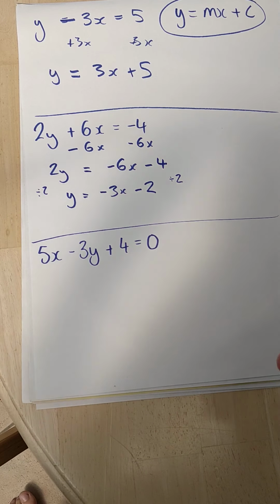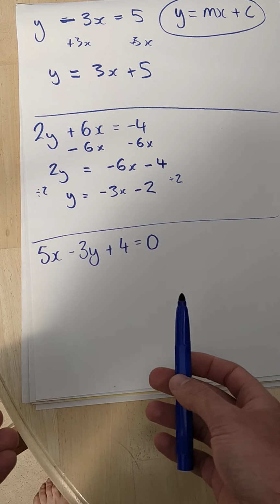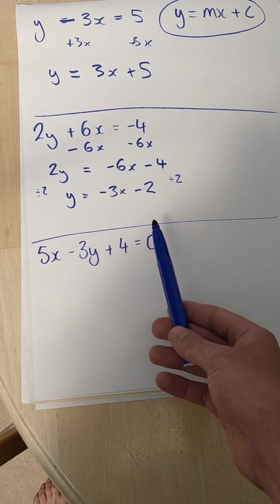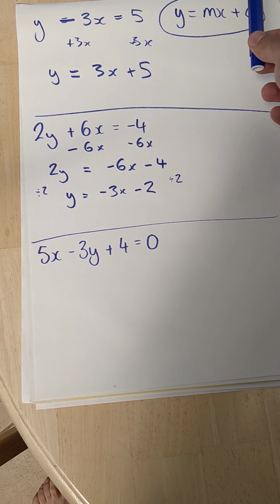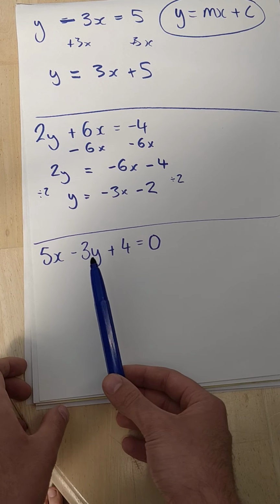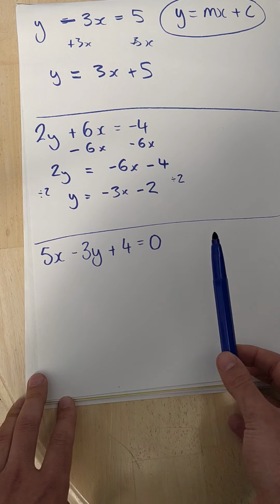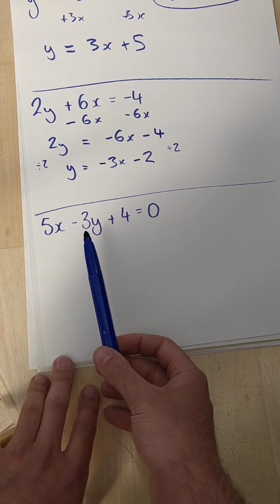Now it can get a bit more complicated, but the same thing still stands: you need to get it to look like y equals something x plus something. So this is a little bit trickier. I'm going to do a couple of different things to this, but it's not going to change it around too much.